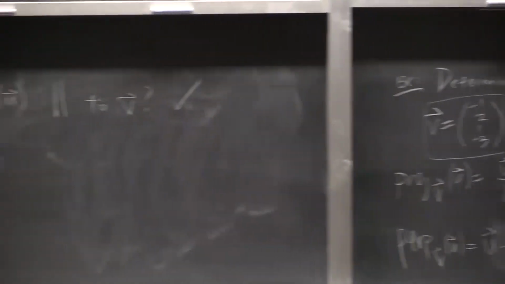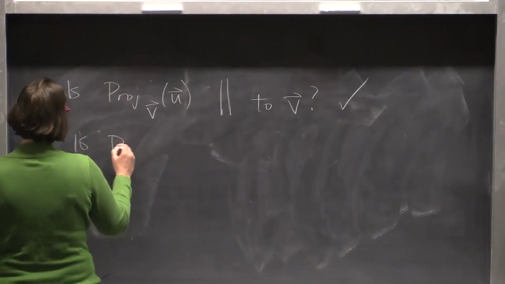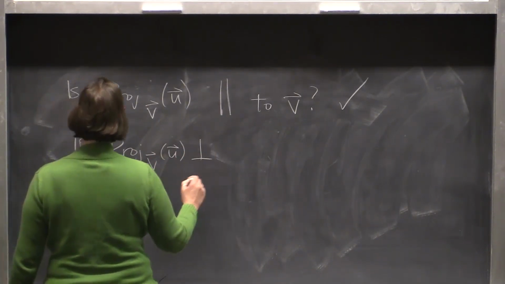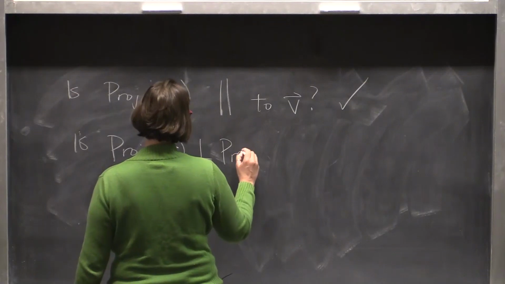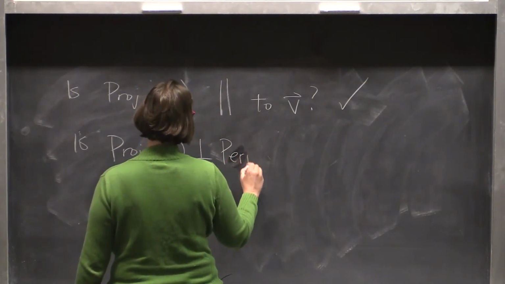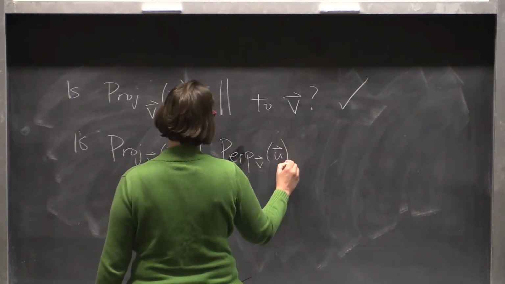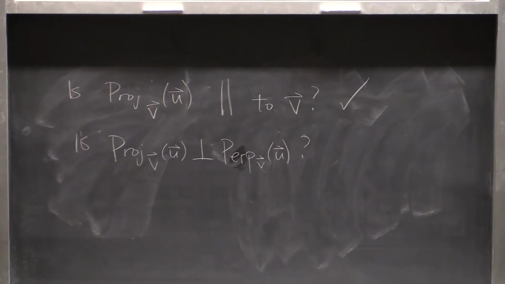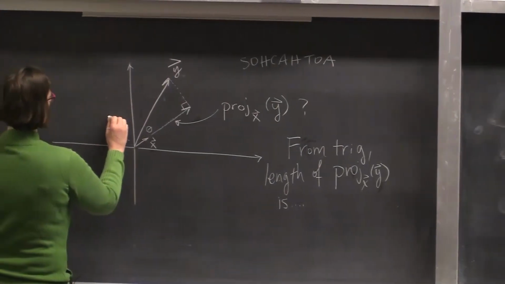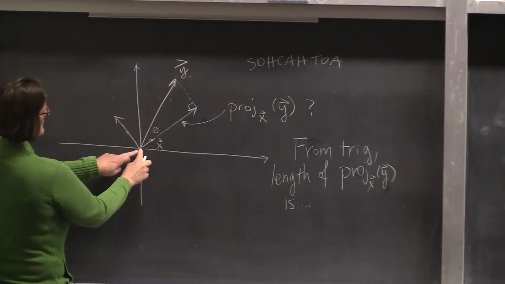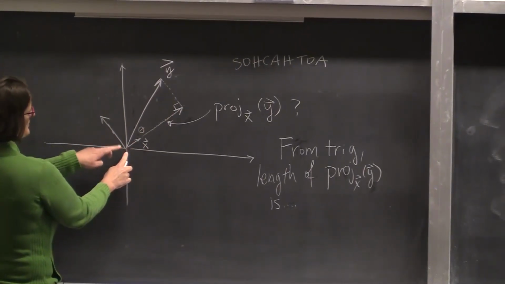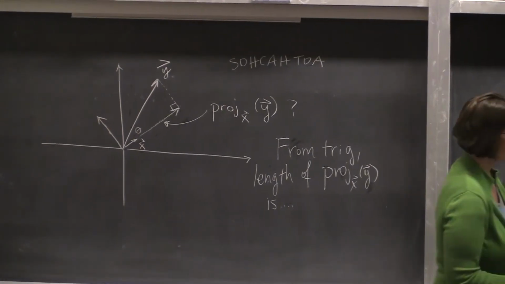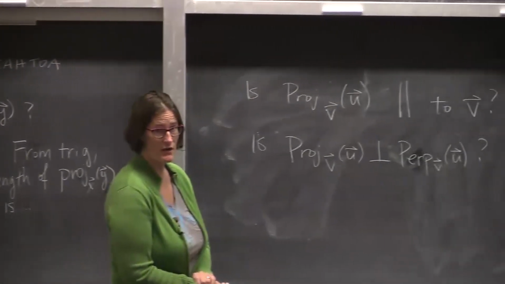The next thing we can check is whether the projection onto V of U is perpendicular to the perpendicular part. Because we were supposed to be getting this and then that. So to check that, we would need to do what? How do you check things are orthogonal?